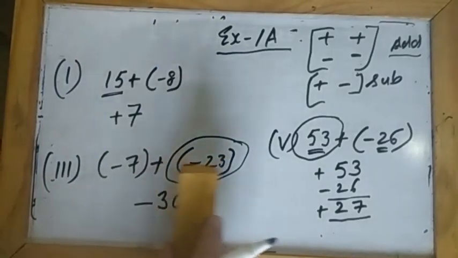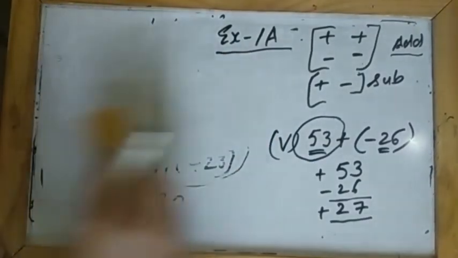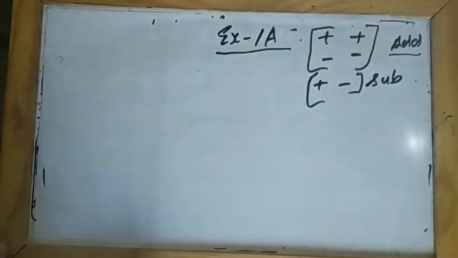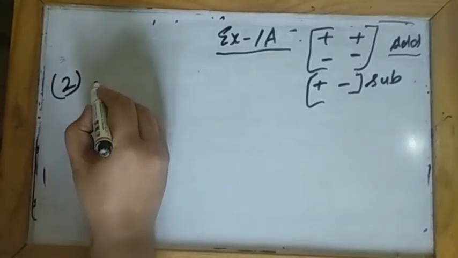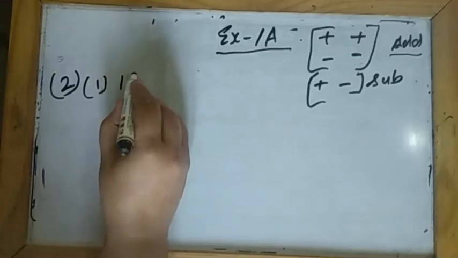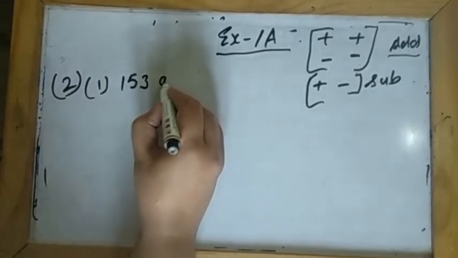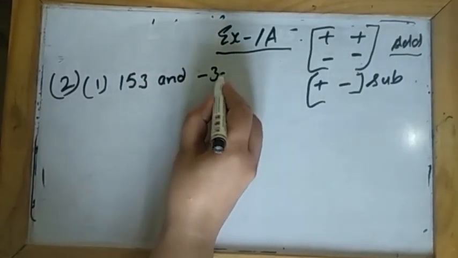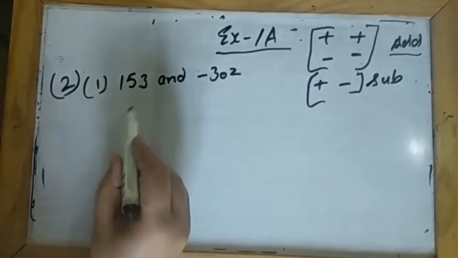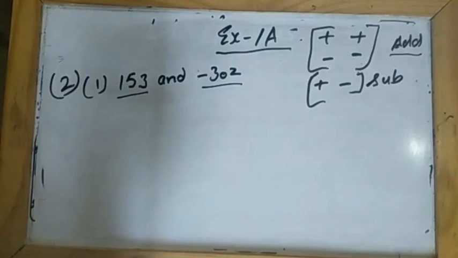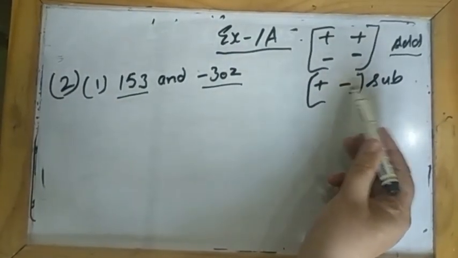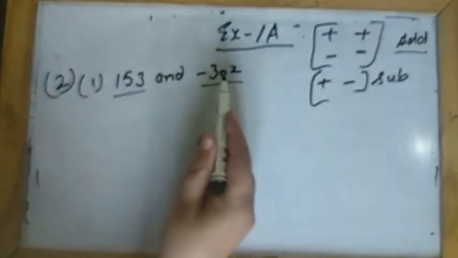Okay, now I'll come to question number 2. Question number 2 also says find the sum of, means I have to add. So 153 and minus 302. So I have to add them, and you can see one is positive and one is negative. So what is the rule? Positive and negative, it means I have to subtract.